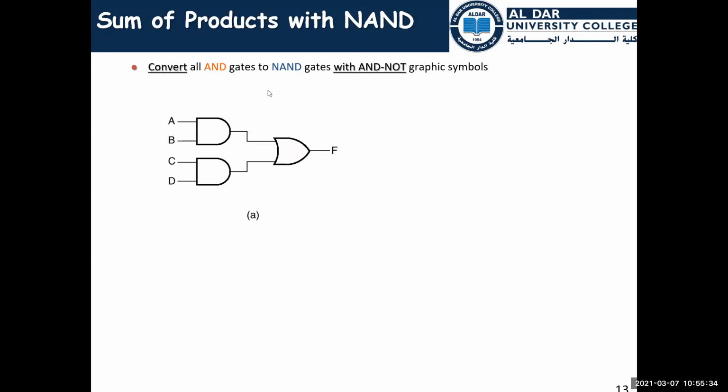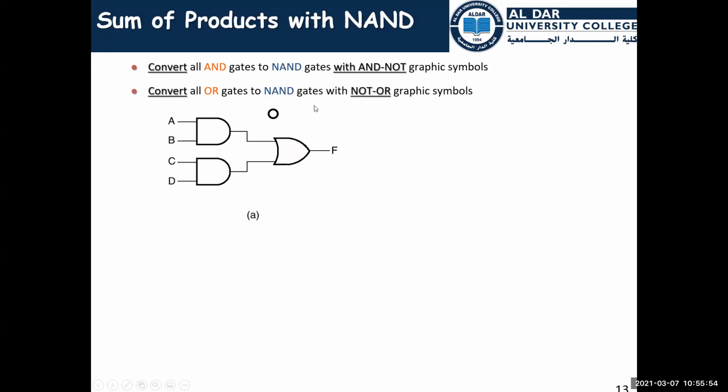The first step, again, I will tell you the first step. Inverters, doctor. Yes, you can add inverters, as Abdul Majid said. We add inverters here at the beginning, or we can say bubbles.